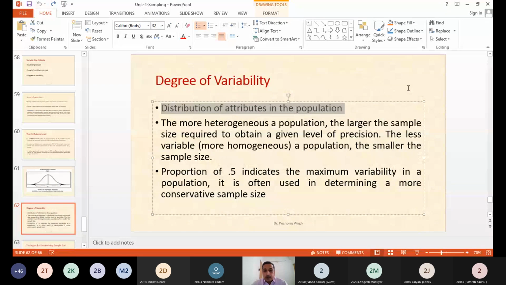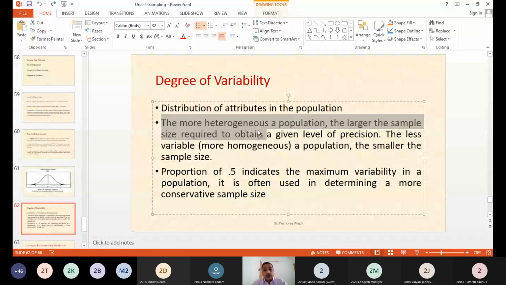In a heterogeneous population, you will see that the variation is more. Most of the subjects will be different from each other. So if the population is more heterogeneous, we need to take a larger sample size for better precision or accuracy of the results.